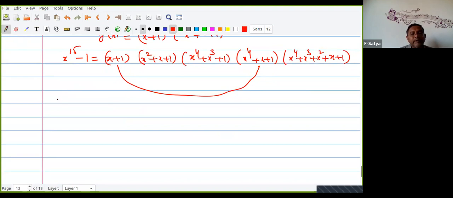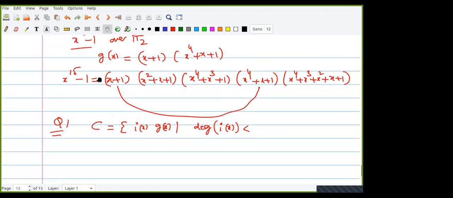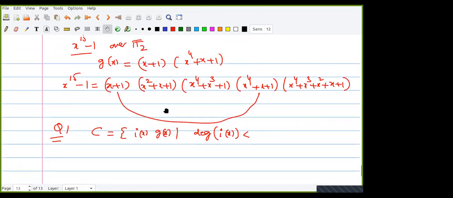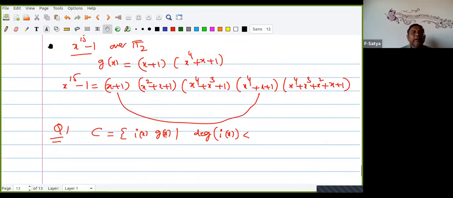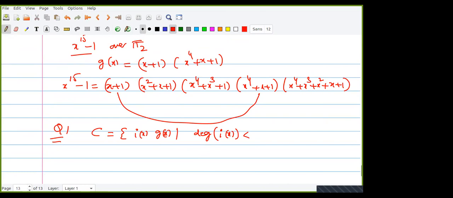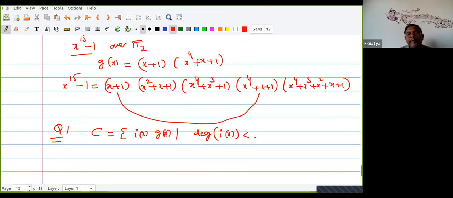So question one is: what is the dimension of this code? I of x degree is less than what? Ten, correct, because already 5 is used here, so maximum I can take 9.